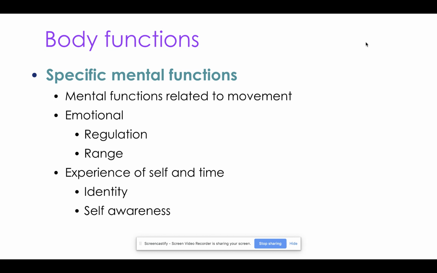Maybe you don't like to stand up and talk in front of a crowd, or maybe in front of a class. How are you going to prepare yourself? What are you going to put into place? What specific mental functions are you going to put into place so that you can do this and you can be successful? That's what we're talking about when we talk about emotional regulation and even those ranges of emotions.